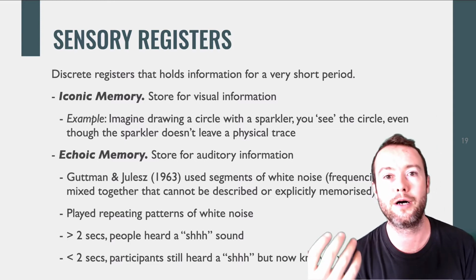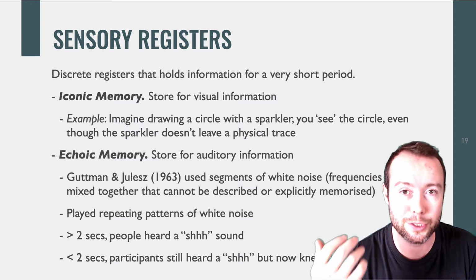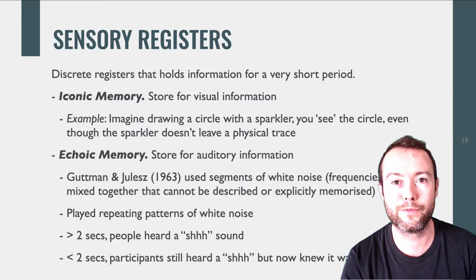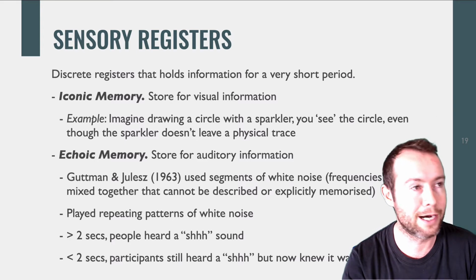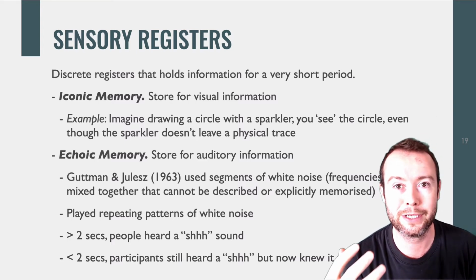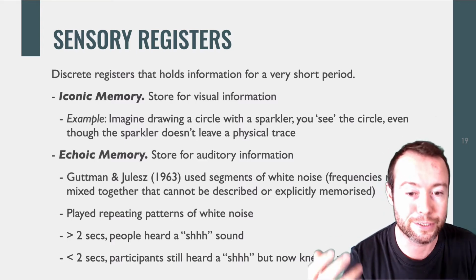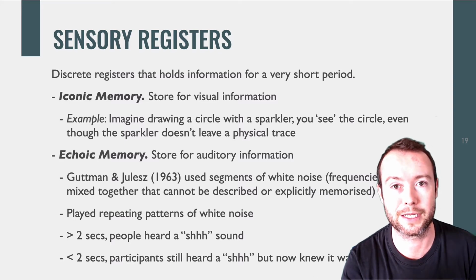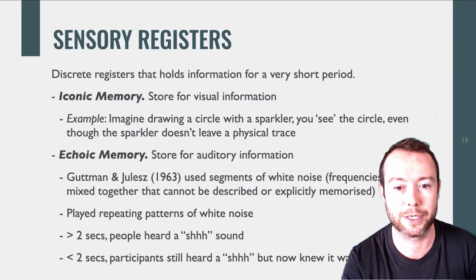So we've got this iconic memory store, which is going to store a very rich, detailed representation of all visual input for just a very brief period of time. And again, it's only what we're attending to that ends up getting processed and accessing our short-term memory store.